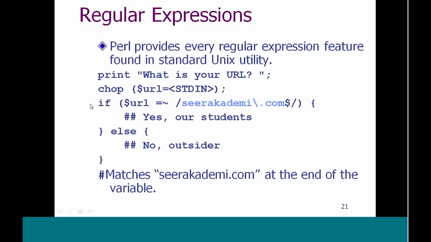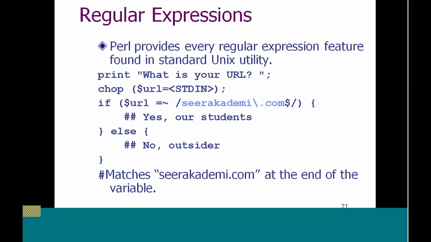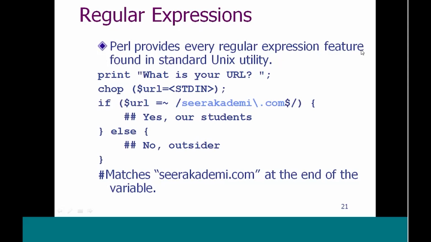So that's why now when we do a matching, which is right here with this tilde, that's the one that is used for matching. Now we can match it, and this dollar anchors that particular string at the end of the variable.